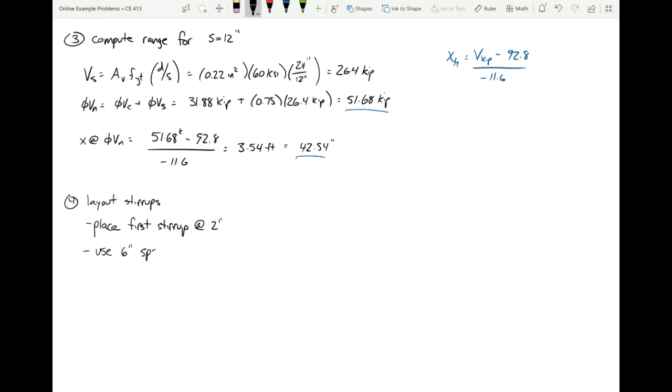6-inch spacing until X equals, what is that, 42.54 inches. So that's what we just determined. And then we're going to use 12-inch spacing until the end.